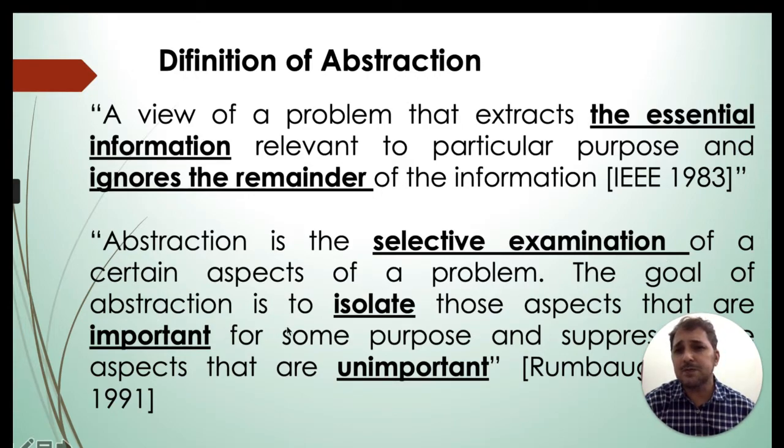The goal of abstraction is to isolate those aspects that are important for that purpose, and suppress those aspects which are unimportant for you. So you pick up some object, it will have many properties, but you select only those properties and functionalities that are important for you at that time. This process is called abstraction.